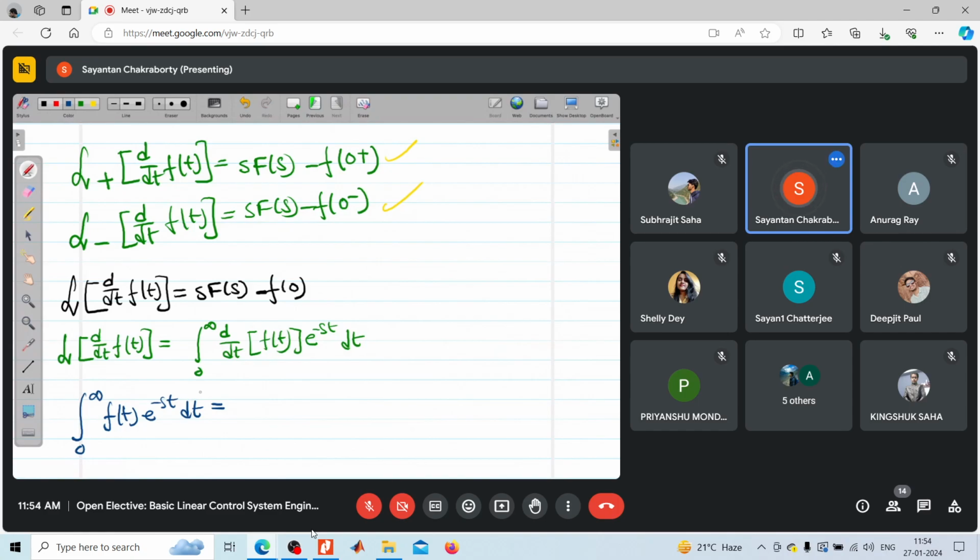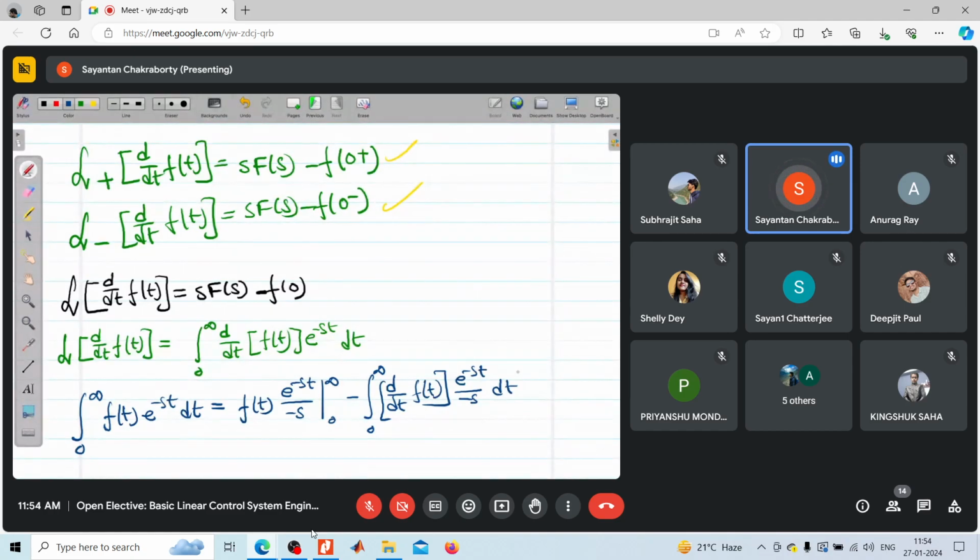It will have two functions: f(t) is a function of time, and e^(-st) is also a function of time, so it can be represented as integration by parts. Just integrating this part, we get e^(-st) by minus s with limit 0 to infinity, and the next term will be the integral from 0 to infinity of the differentiation of f(t) times e^(-st) by minus s dt.